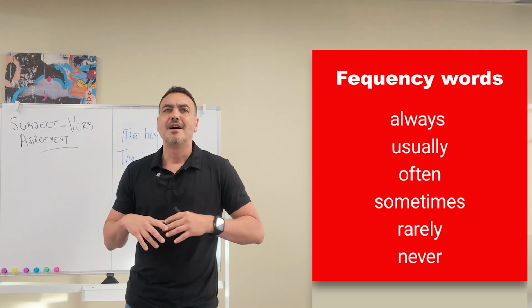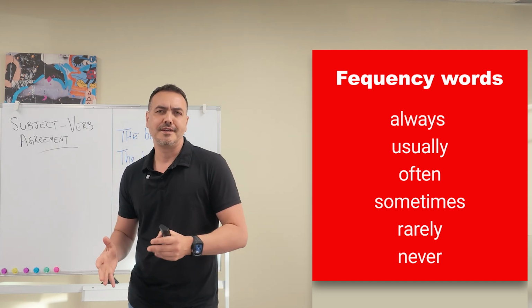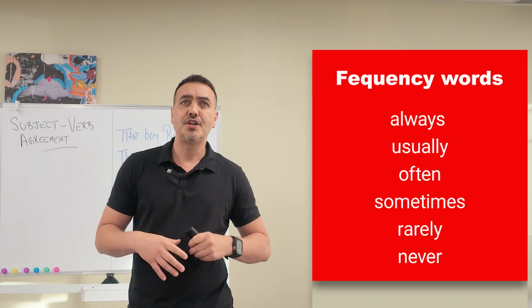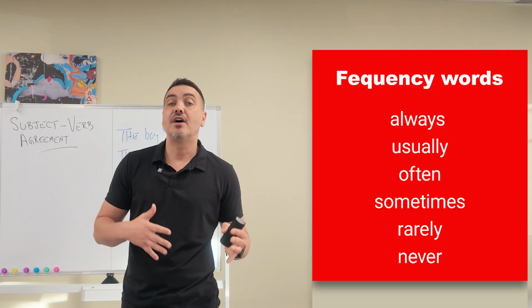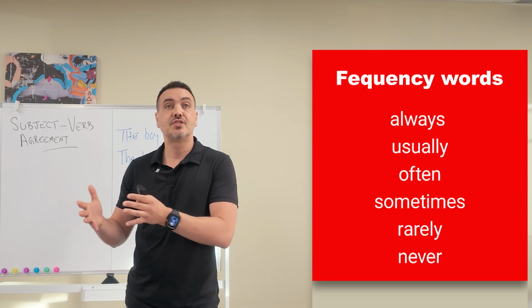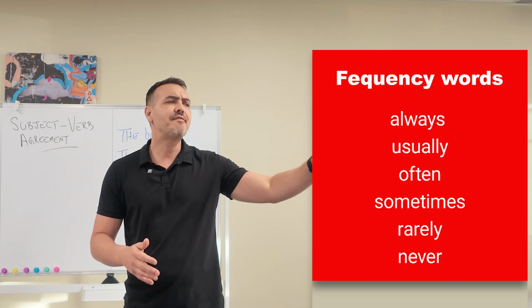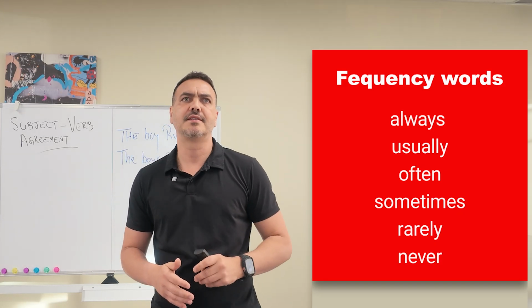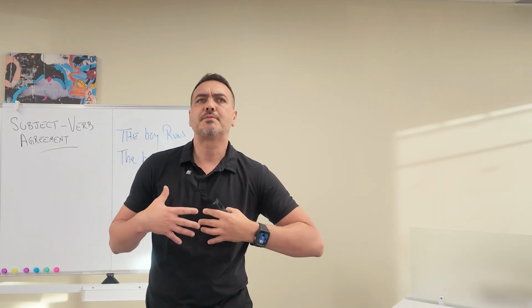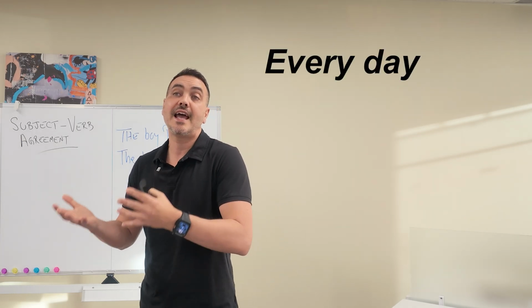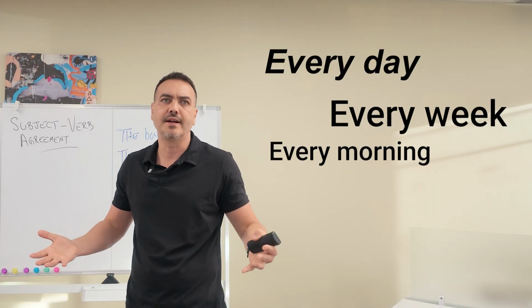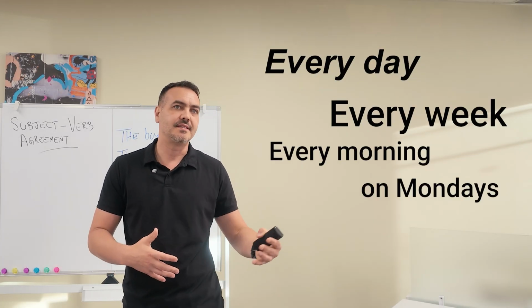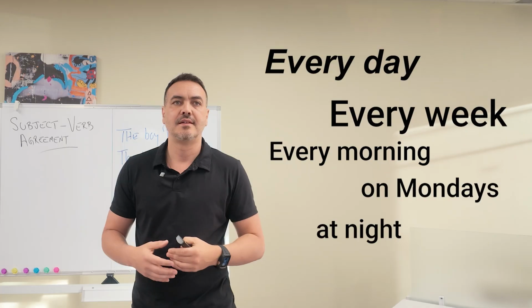For example, I always drink coffee in the morning. She usually takes the bus. They often play soccer. He never eats breakfast. We also use expressions like every day, every week, every morning, on Mondays, at night.